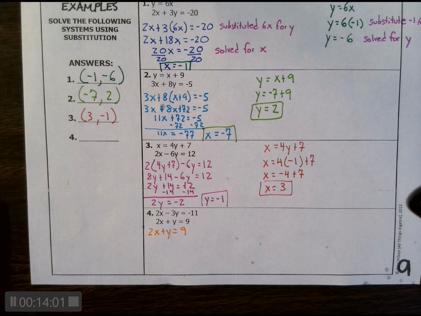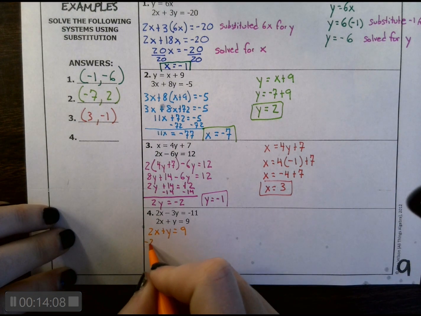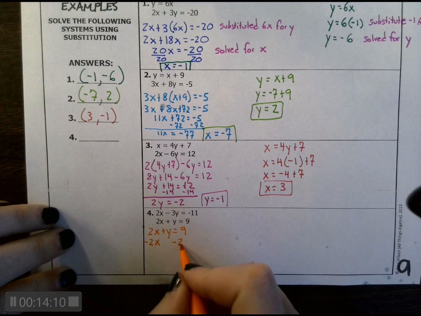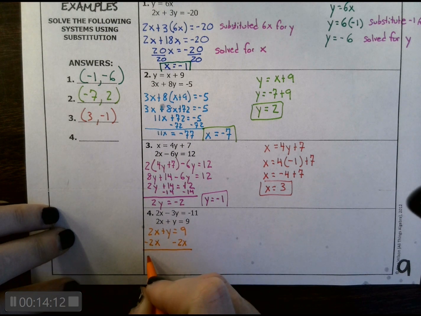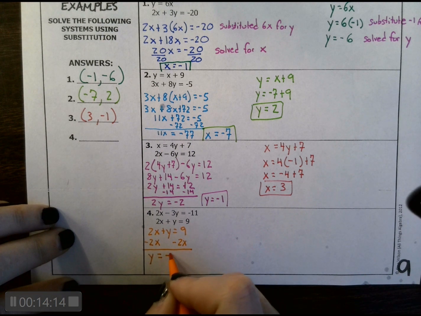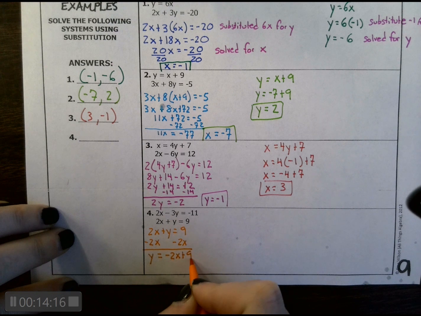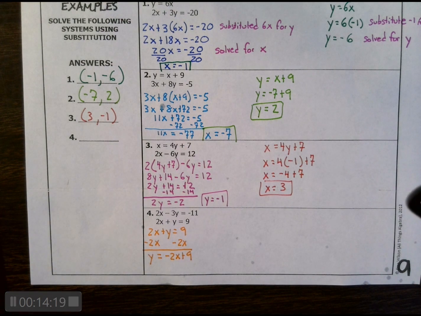So how am I going to get y by itself? I am going to subtract 2x from both sides. So I'm going to get y equals negative 2x plus 9.